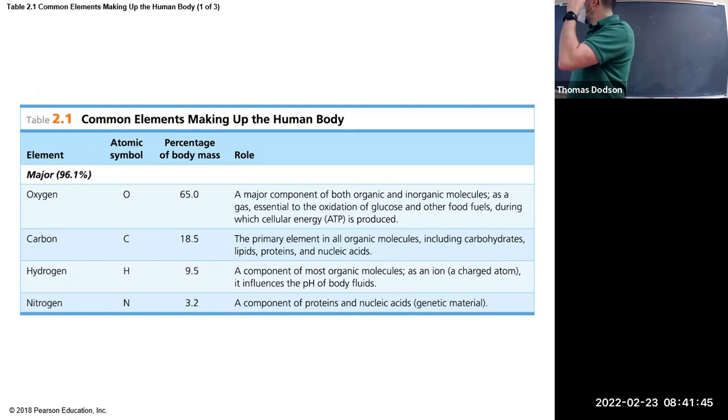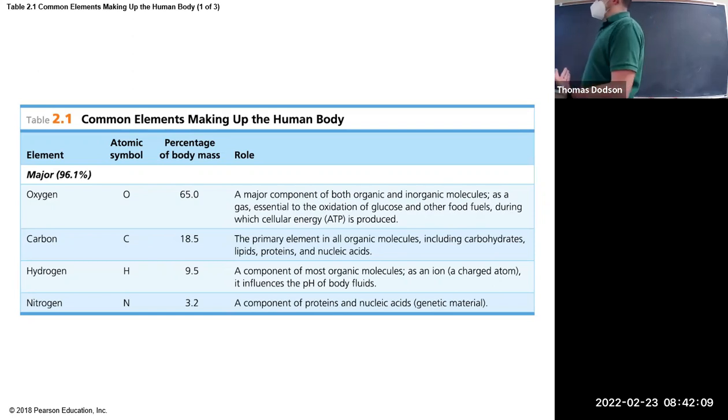Okay. Now, are there other things involved like phosphates? We talked about phosphate. ATP has got a bunch of phosphates. But these four are the most common. So if you were to look at percentages of body mass, oxygen is 65% of our body mass. Okay. So there's a bunch of elements there.